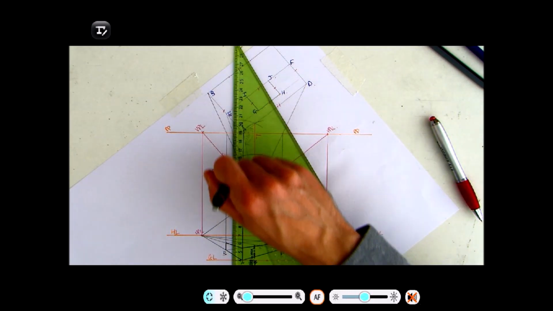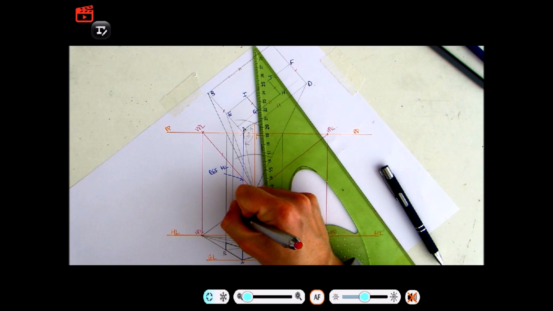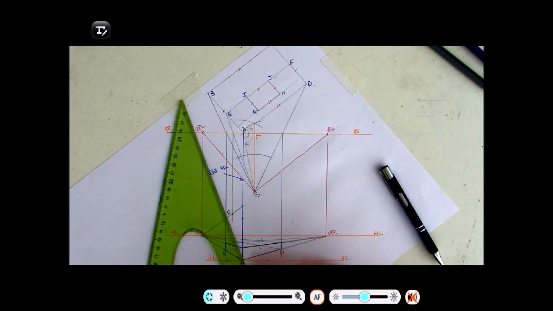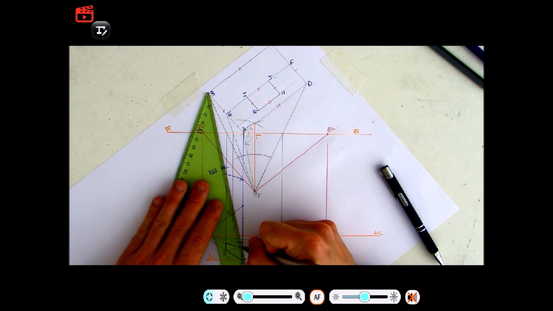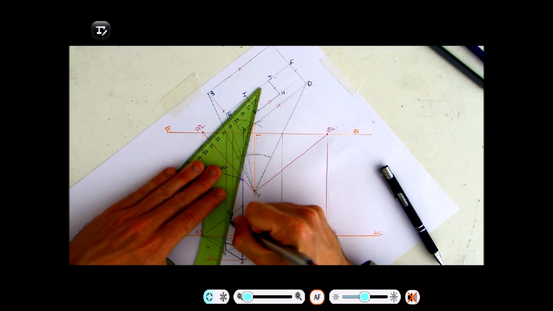Wherever it crosses that 65 height line, that is the location of E. So I can now join A to E and E to B, giving me the gable end of the tent.